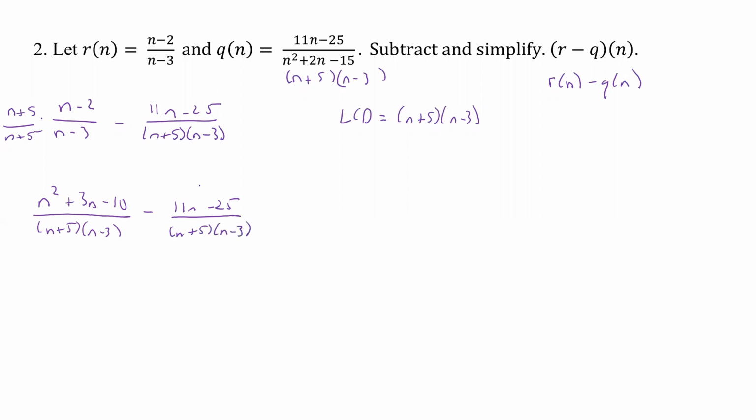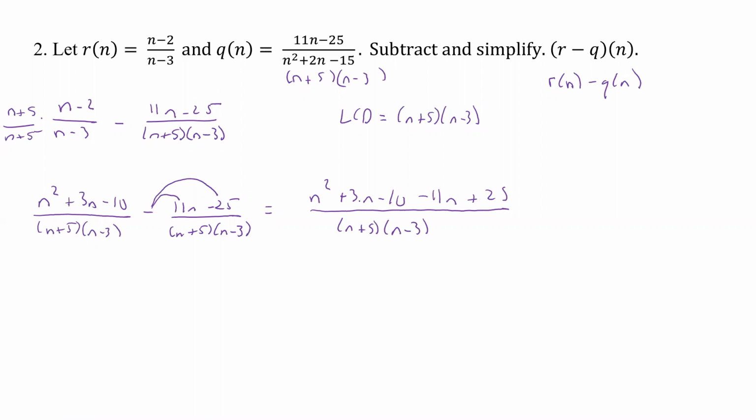Now remember, when we subtract, we have to remember to distribute that negative across. So that's n squared plus 3n minus 10. Then we have a minus 11n, and then we have plus 25 all over n plus 5, n minus 3.